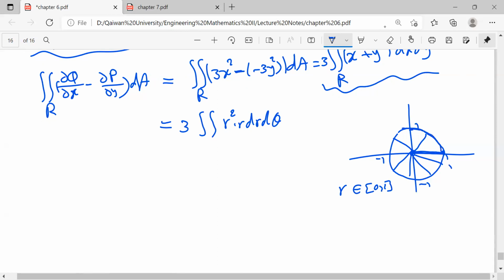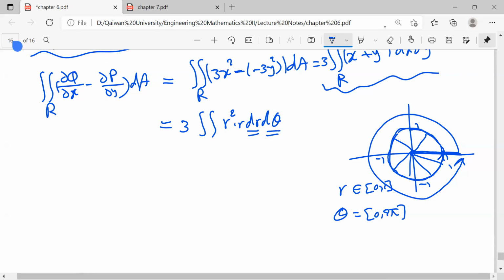It says one round. We start from this point and return to itself. That means the angle is from 0 to 2 pi. So theta belongs to 0 to 2 pi.